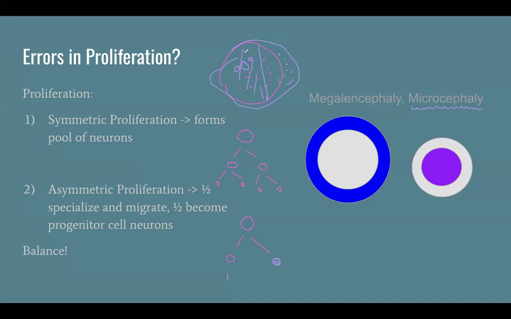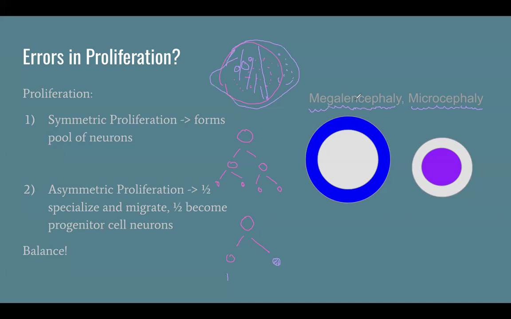Once all these cells start committing asymmetric proliferation, you're going to have too many cells, which is a phenomenon known as megaencephaly, in which your brain or head is too big for what your body can support. Either way, this will result in a lot of intellectual disabilities and high risks of injury, because in microencephaly you don't have enough cells and your brain is underdeveloped, or in megaencephaly your brain is too heavy and can often injure your spine because of all the weight.